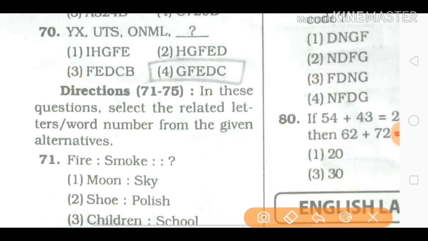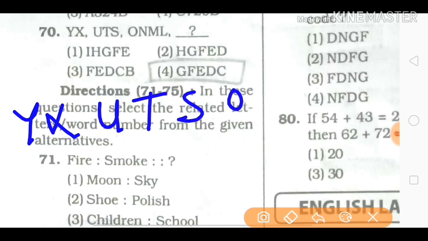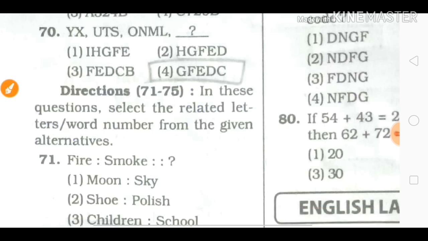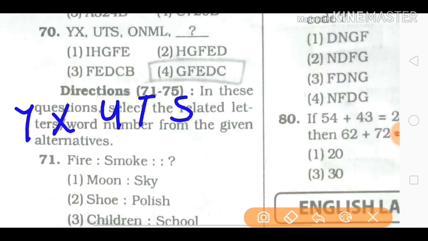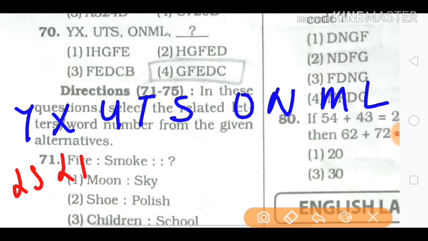If you will see YX, UTSONML, right? Oh, sorry. YXUTSONML, right? 25, 24, 21, 20, 19.